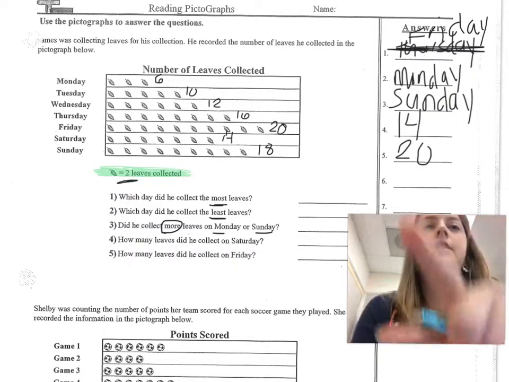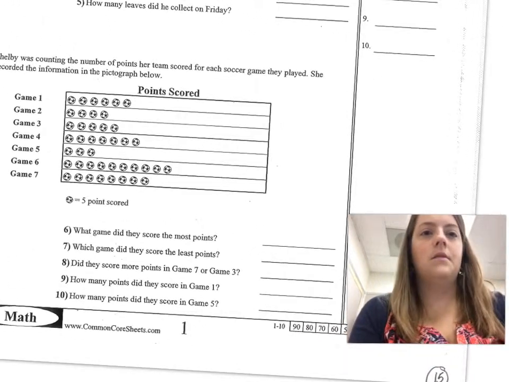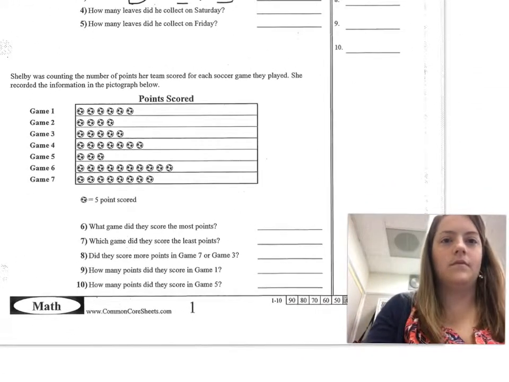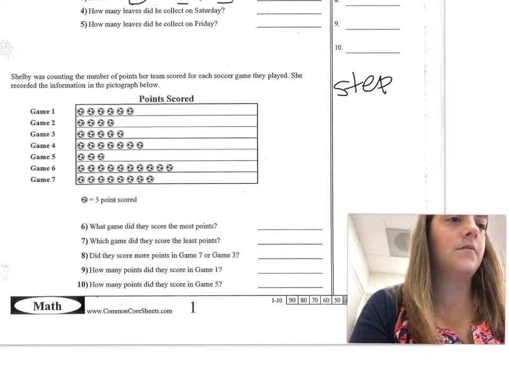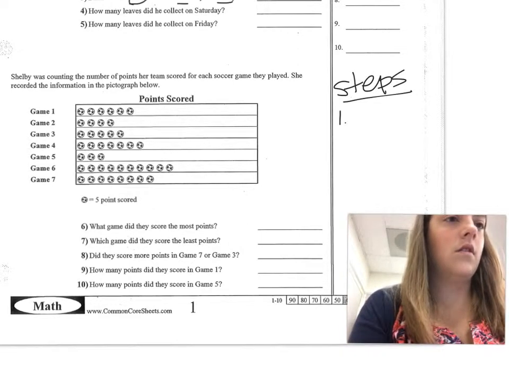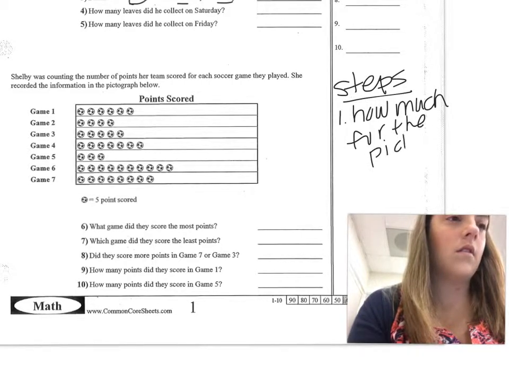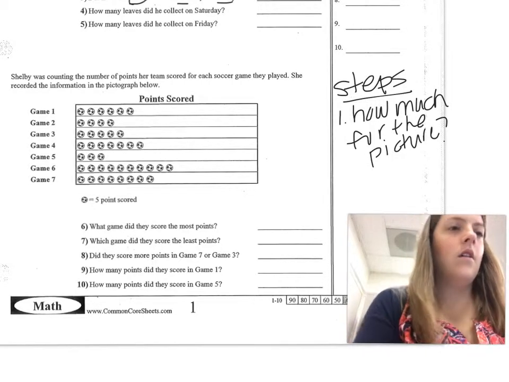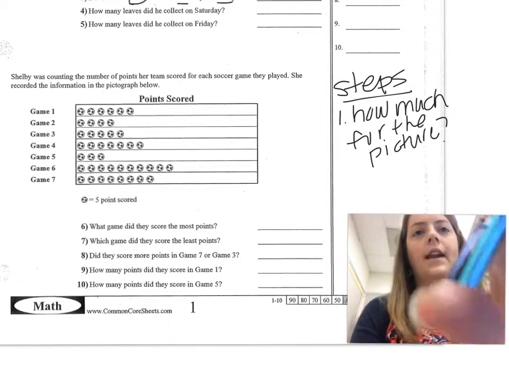All right, so what you're going to do next is this. Remember, I'm going to go ahead and write these steps. How much is the picture worth? That's the first thing you want to find out.